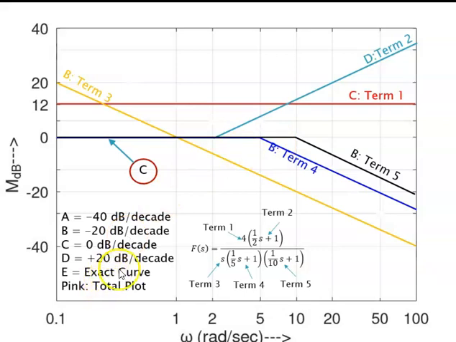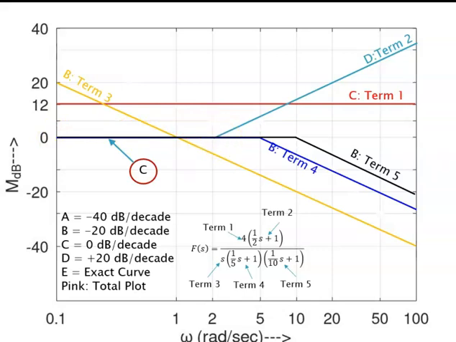So here is what we will do. At 0.1 radians per second, if you go up along this 0.1 radians per second, you see that two terms contribute, 12 and 20. All the other terms do not contribute anything at all, because it is 0 all the way up to 2 radians per second.